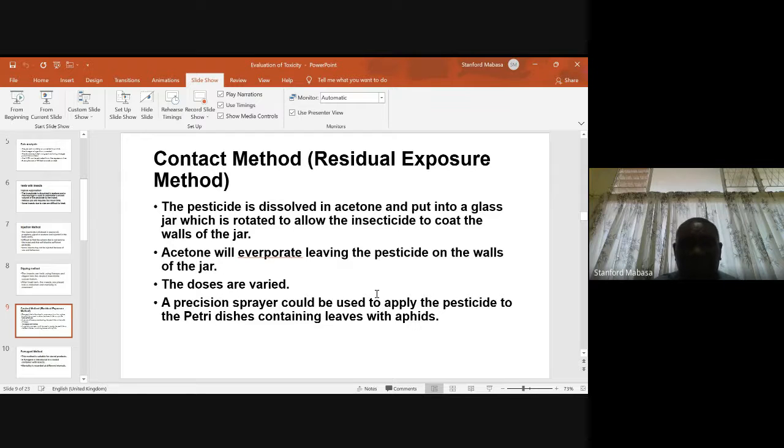The acetone will evaporate, leaving the pesticide on the walls of the jar. You can vary the dosages. Then you can actually put your insects in the contaminated jars and see their response.